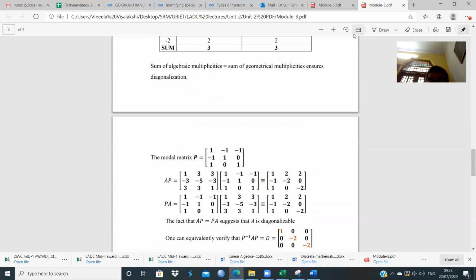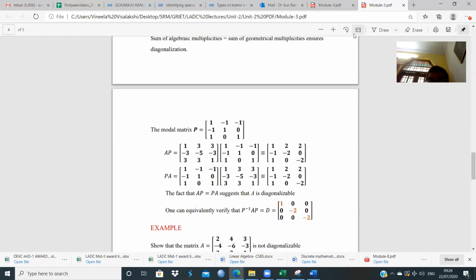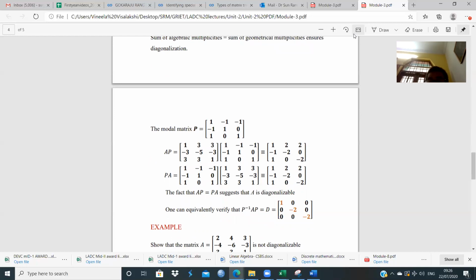And if you want to verify the diagonalization process, just use the rule D equals P inverse AP, and you get the diagonal matrix with 1, minus 2, minus 2 on the diagonal, which are incidentally the eigenvalues of the matrix A. So this is how one can diagonalize a matrix, provided the sum of algebraic multiplicities is equal to the sum of geometric multiplicities.